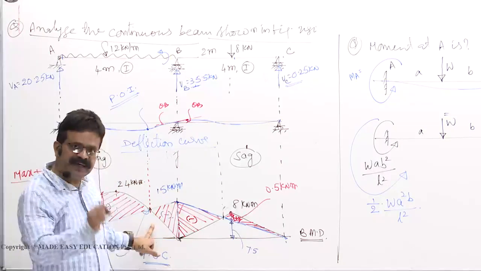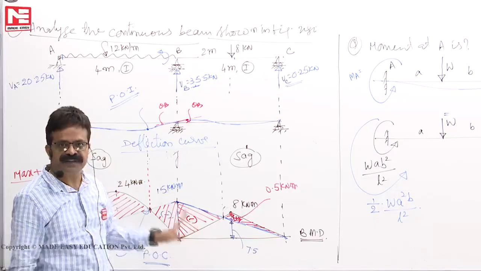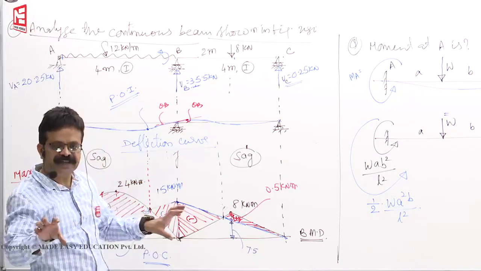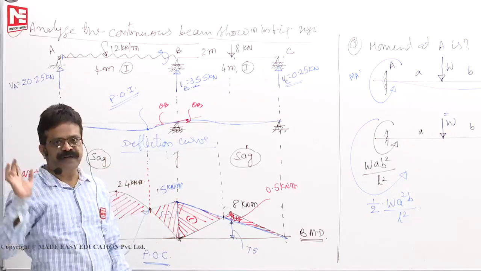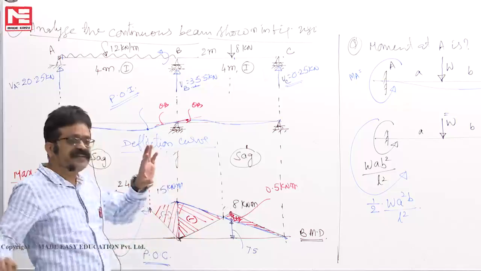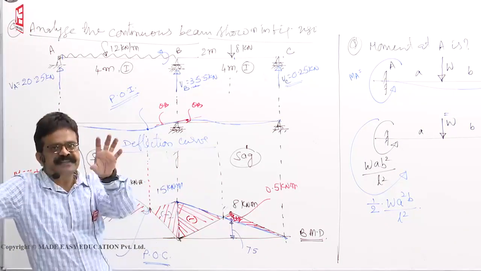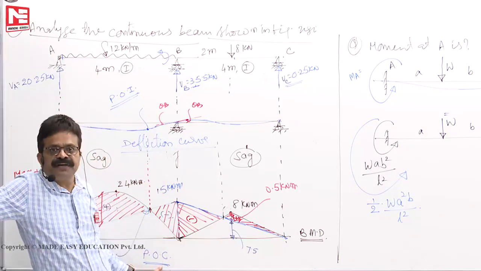On the bending moment diagram, where bending moment changes its sign, it is called point of contraflexure. The term contraflexure we use in the bending moment diagram; point of inflection we use in the deflection profile. Once they asked in the civil services, where bending moment changes its sign is called point of inflection or point of contraflexure.